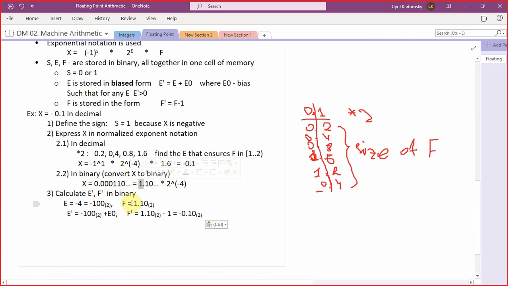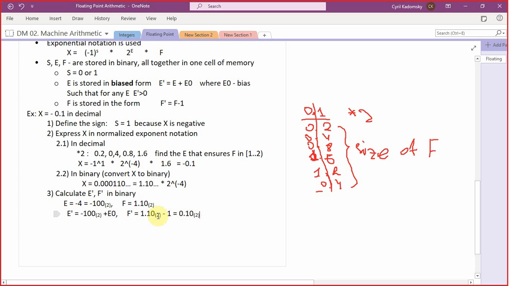Okay, and finally we said that the exponent and fraction are biased. Here is some unknown bias, and here it is just minus 1. So instead of a number between 1 and 2, we obtain a number between 0 and 1, which will be easier to store.